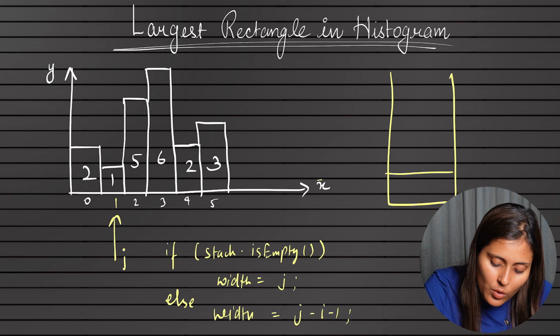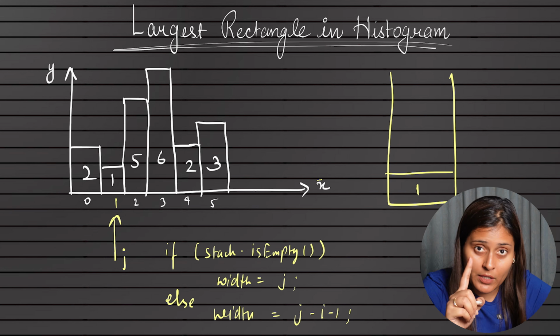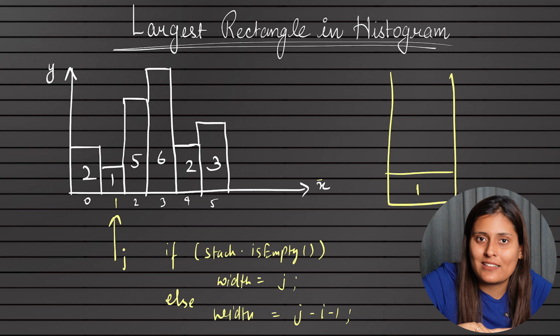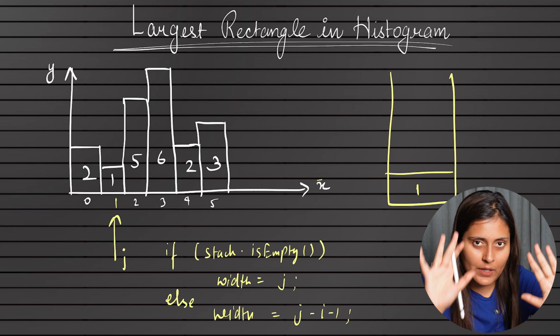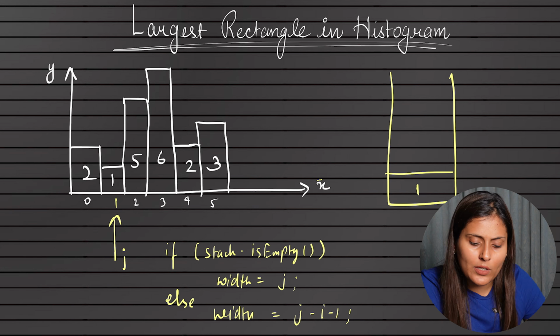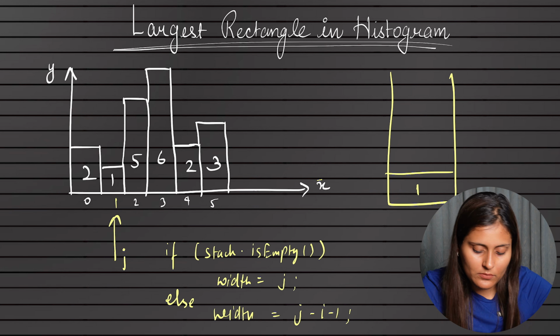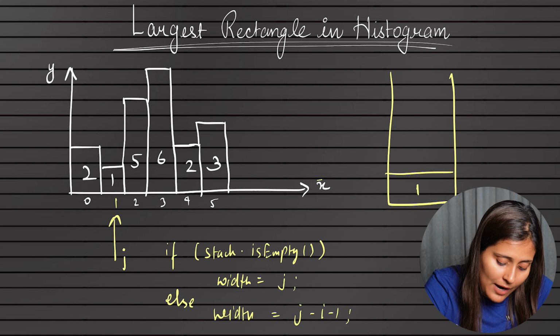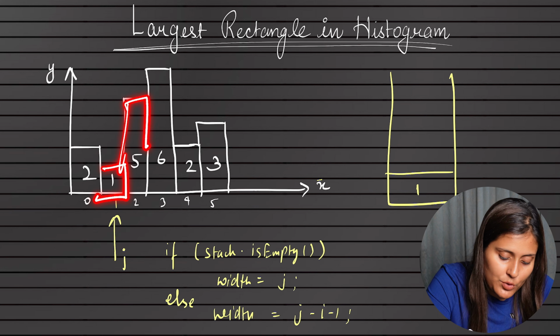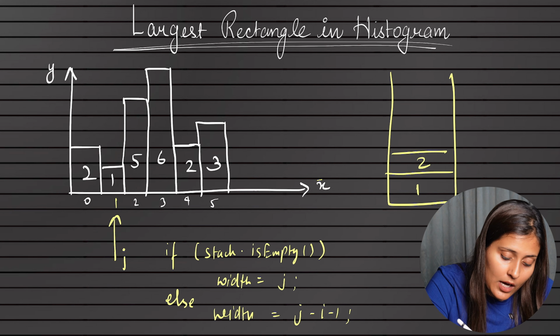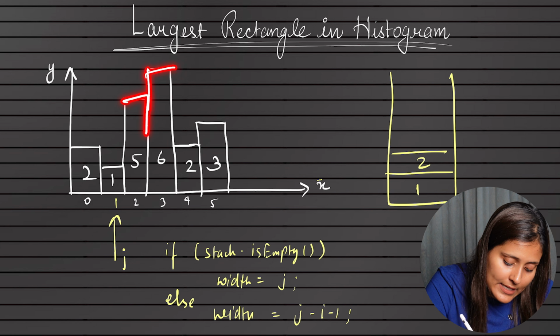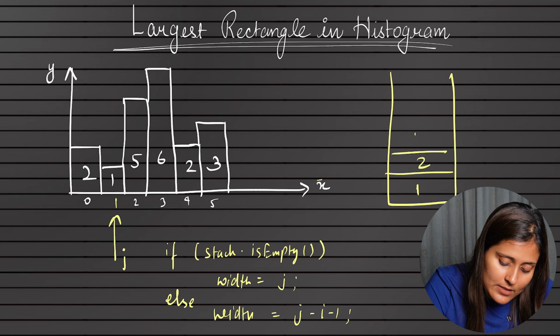Now we'll add this 1, and remember, we'll add the index and not the element. With the help of the index we can also calculate the heights of stack dot peak, correct? Yes. So after 1 we found 5 greater, so we'll simply put the index. Again after 5 we found 6, again greater, so we'll put the index 3.